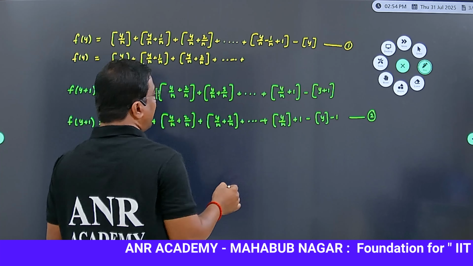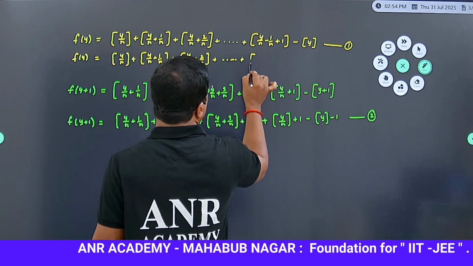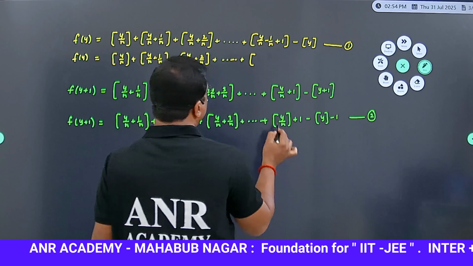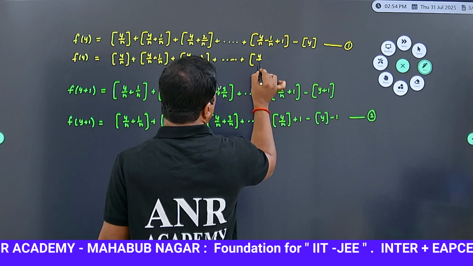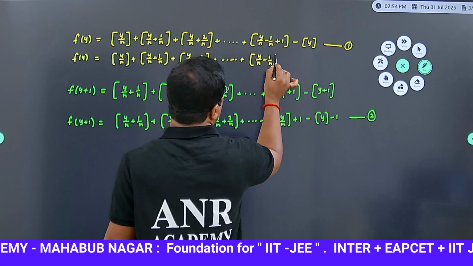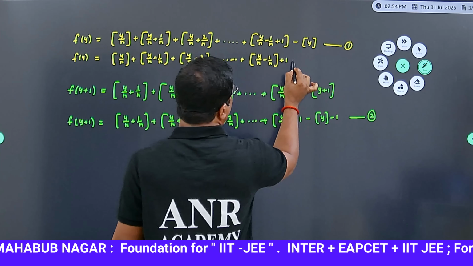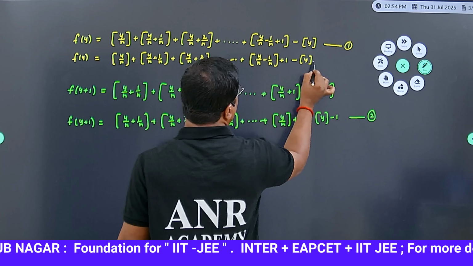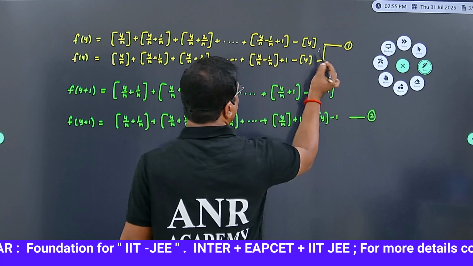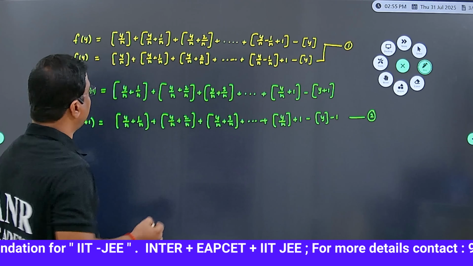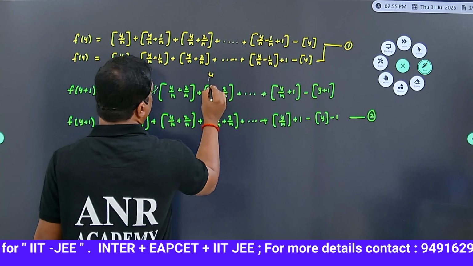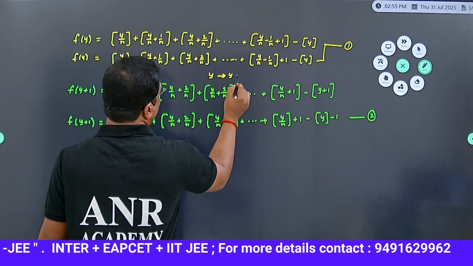This can be written as y by n plus n minus 1 by n, minus floor y. Right. Here just y is replaced by y plus 1.